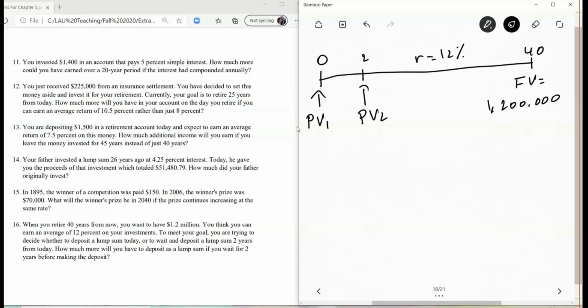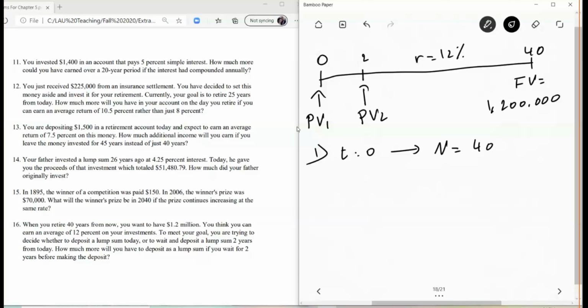How much more will you have to deposit as a lump sum if you wait for 2 additional years before making the deposit? So now, if you invest at time t equals 0, this means that you're going to invest over a full 40 year period. In this case, N equals 40 years. 40 minus 0.